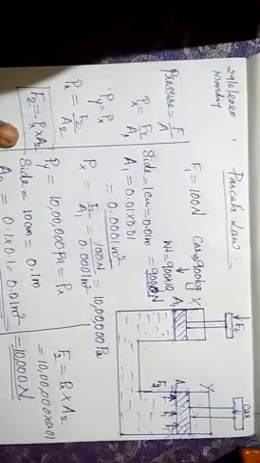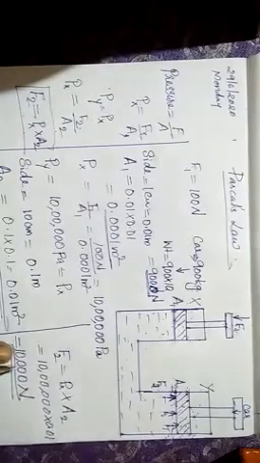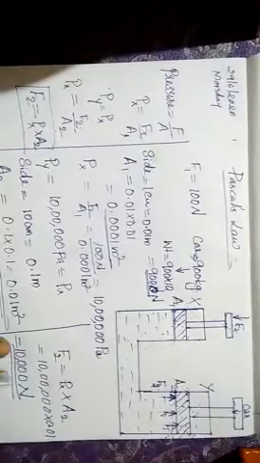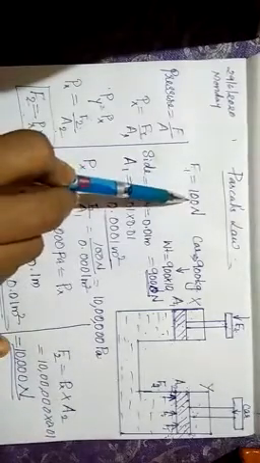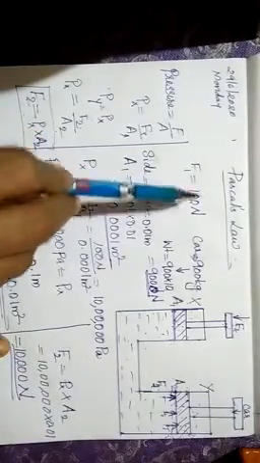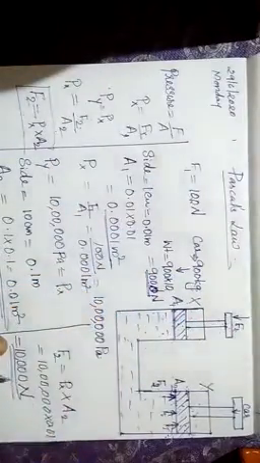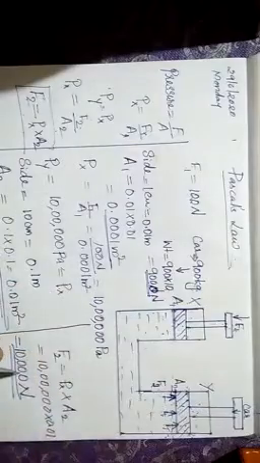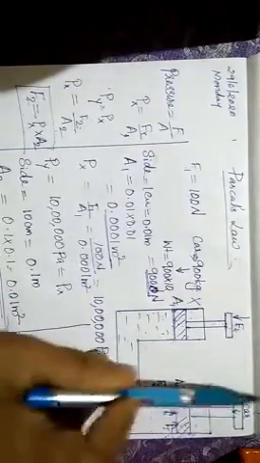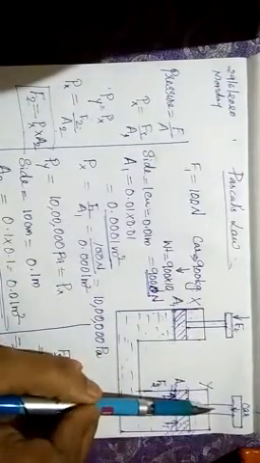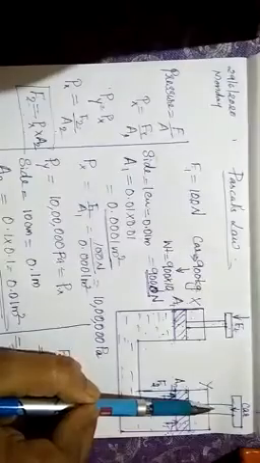So listen carefully. Here you can see the force F2 in the upward direction we got is 10,000 Newton. For a very small applied force of 100 Newton on this smaller piston, we got an upward force of 10,000 Newton on the other piston in the upward direction.